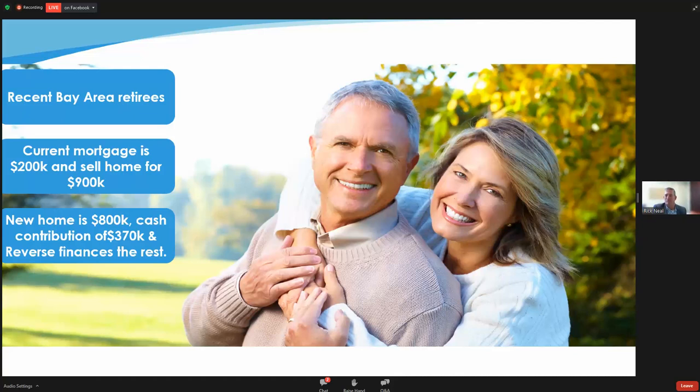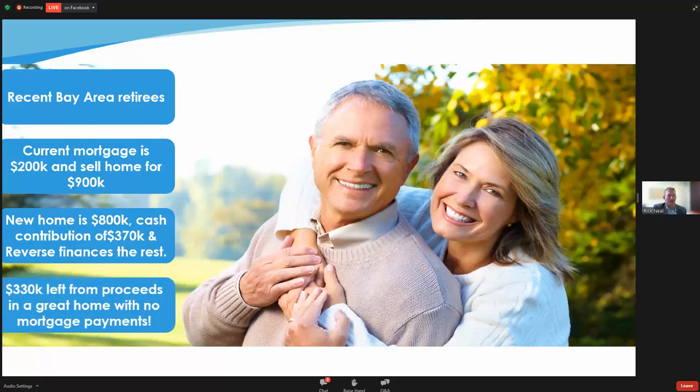Okay, they're able to pocket that remaining $330,000 from their previous home sale and use those proceeds as they wish and never have to make a monthly mortgage payment as long as they meet the obligations that the reverse mortgage lender expects of them, which is paying property taxes, homeowner insurance, HOA, and keep the home in good repair.